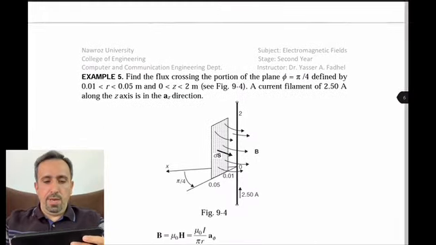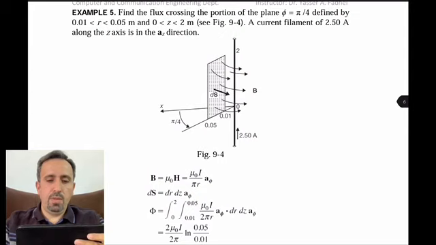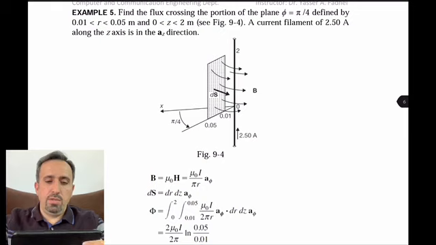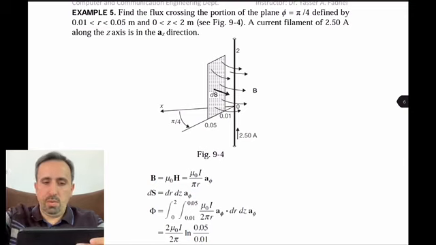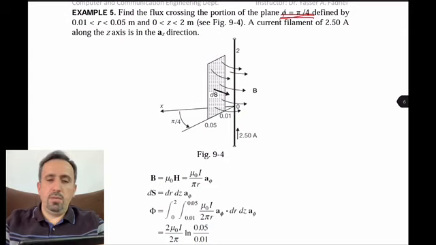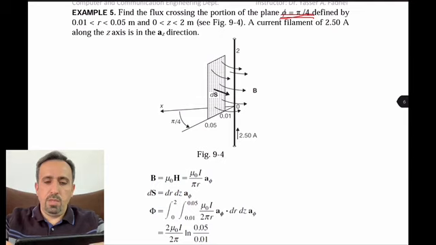You have an example here. In this example, you have this structure, with a window defined with a certain radius and height. Find or calculate the flux crossing this portion, or this window, of a plane having phi equal to pi over 4, defined with r and defined in z as plotted in this figure.